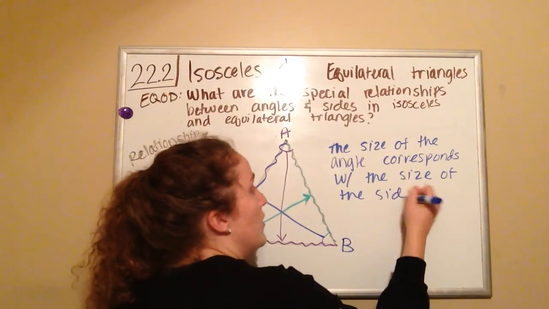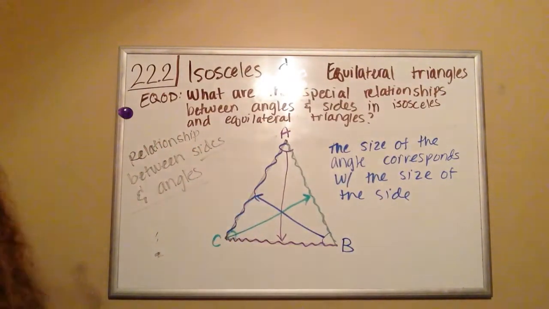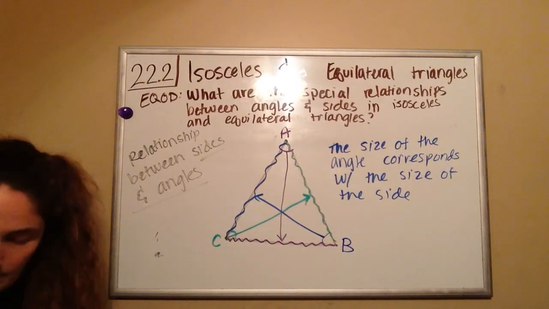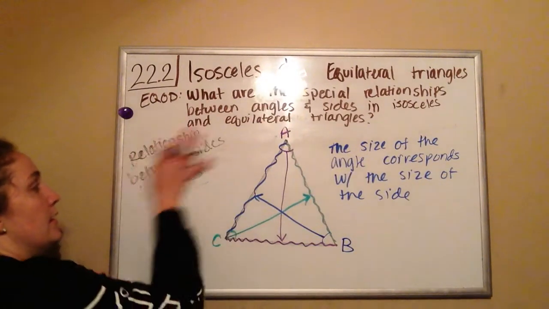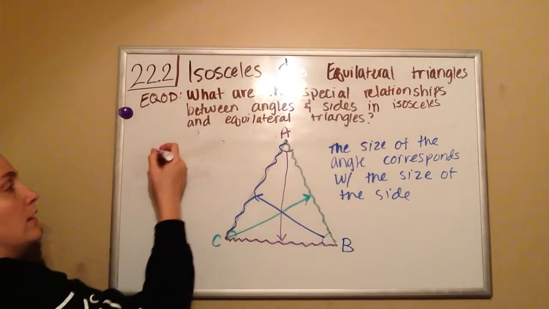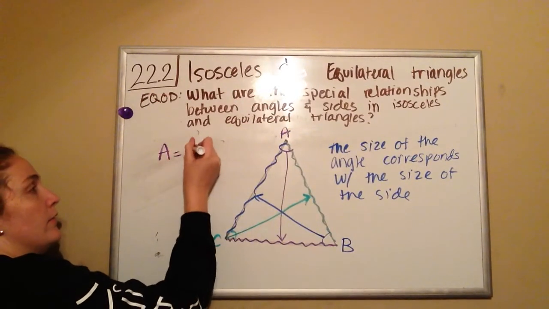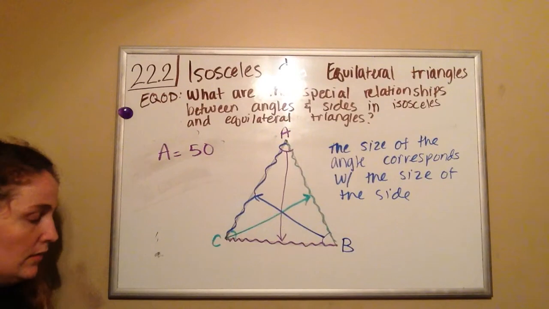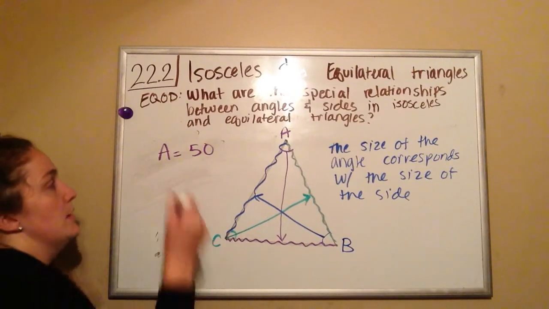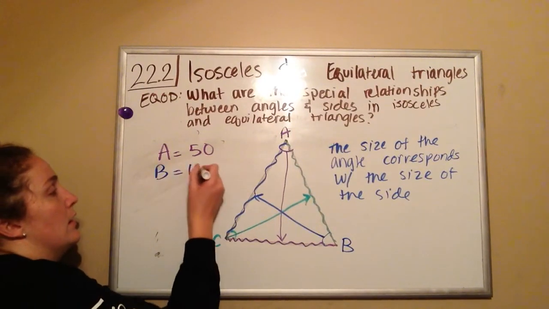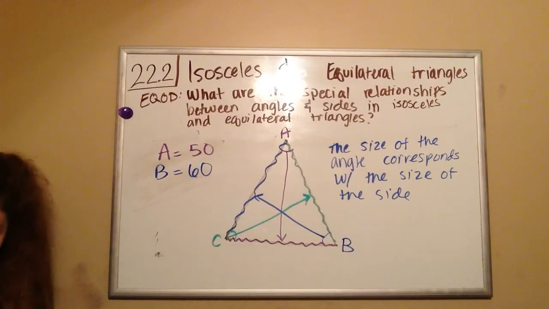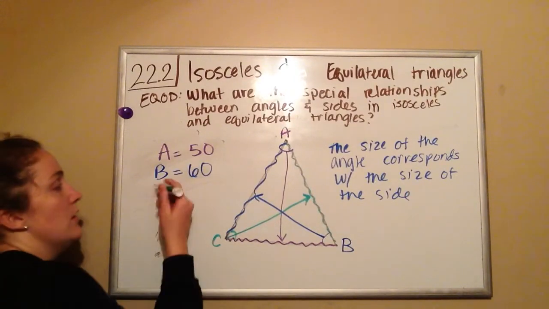Okay, so for instance, if I were to say that A was 50 degrees, B was 60 degrees, and you should know that C would have to be 70 degrees.